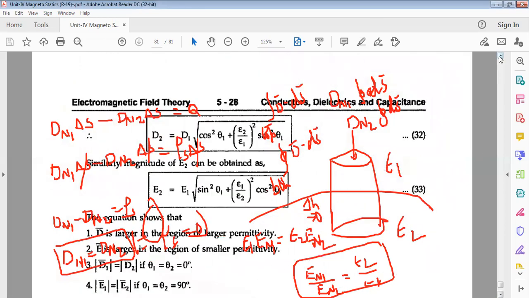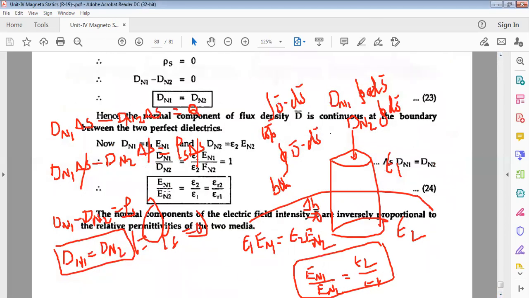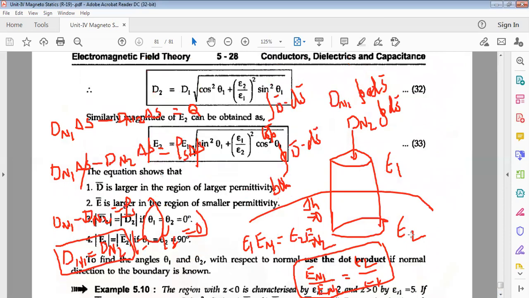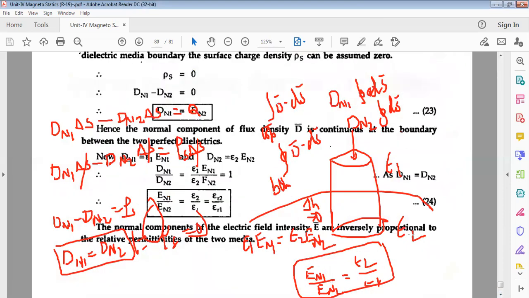So we got En1 by En2 is equal to epsilon 2 by epsilon 1. The normal components of the electric field intensity are inversely proportional to the permittivities of the two media, and it is discontinuous because both are not equal.